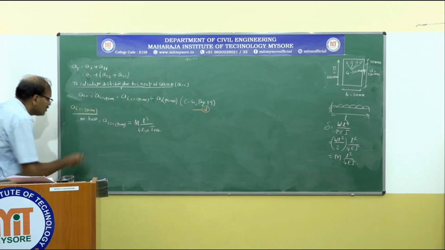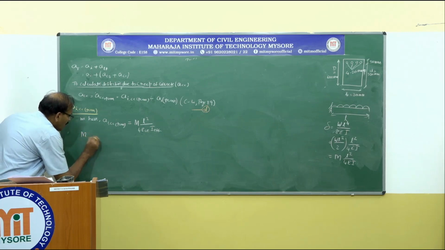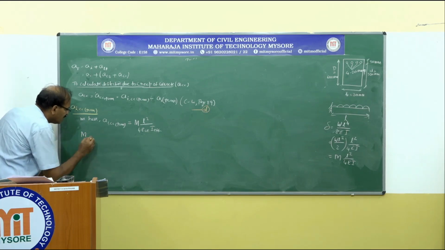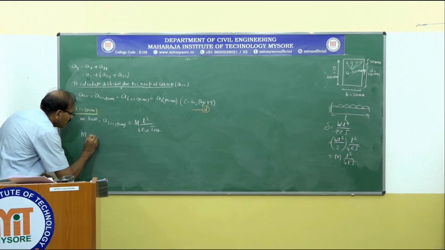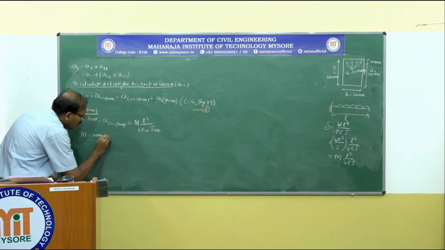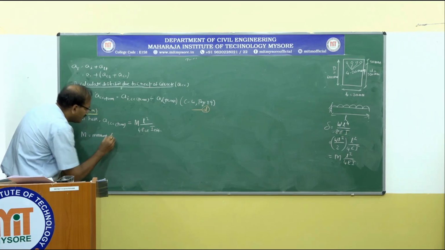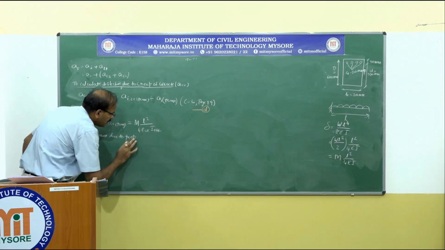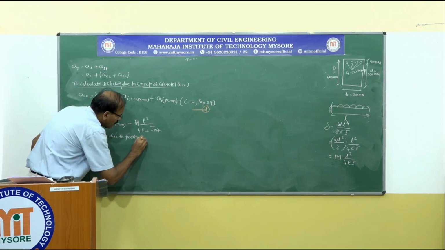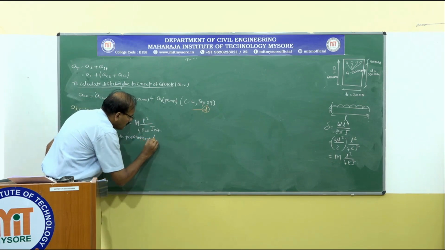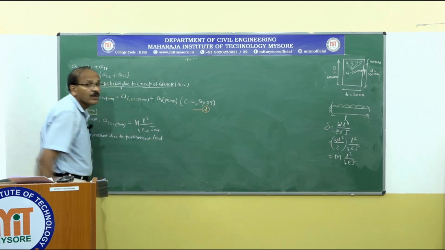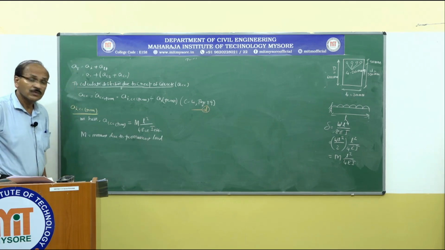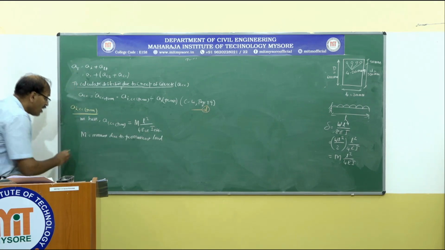So M is the moment, M equal to moment due to permanent load. How much is this?